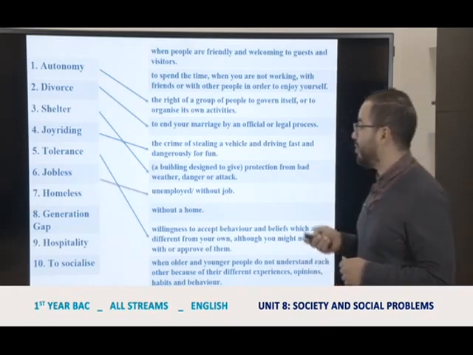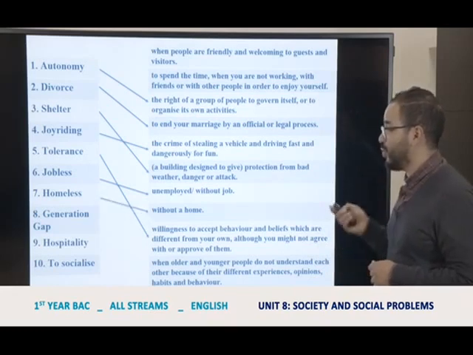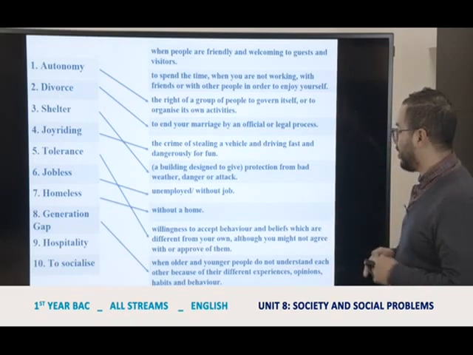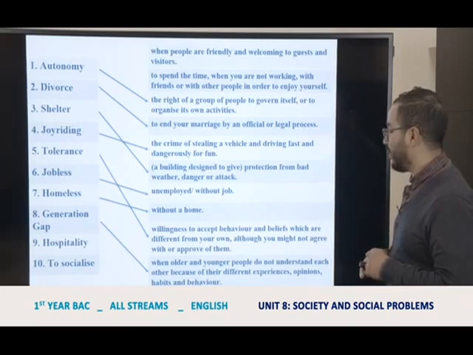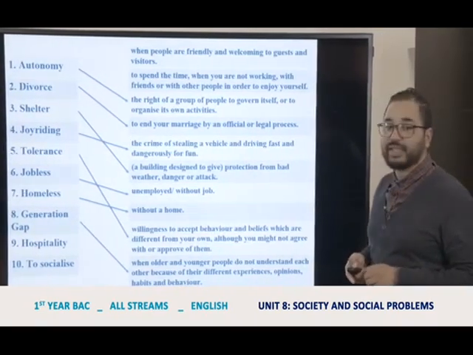Jobless, an unemployed person or without a job. Homeless, of course, is without a home. Generation gap is when older and younger people do not understand each other because of their different experiences, opinions, habits, and behavior.